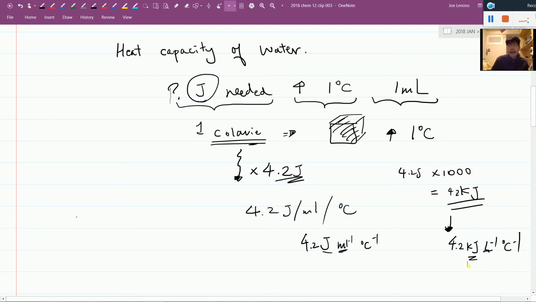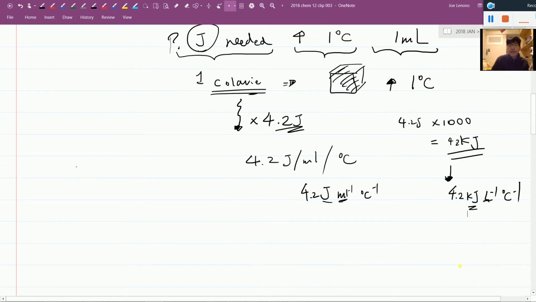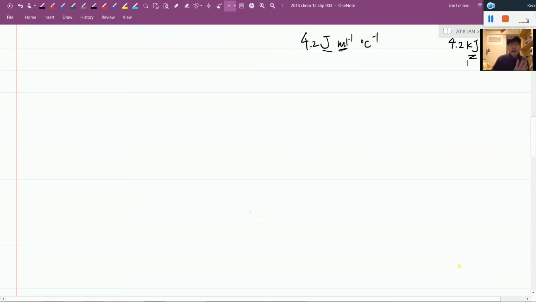Then, just a very simple calculation. It's all about calculation today. Say the initial temperature, T1, is equal to 21 degrees. Let's say I put a glass of water, and this glass of water is about 200 ml.